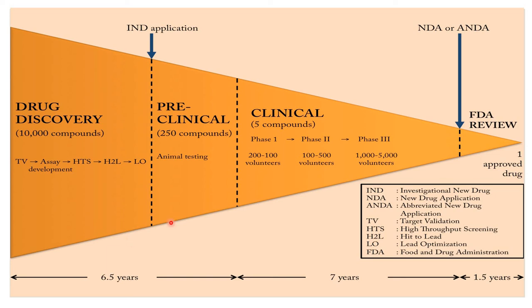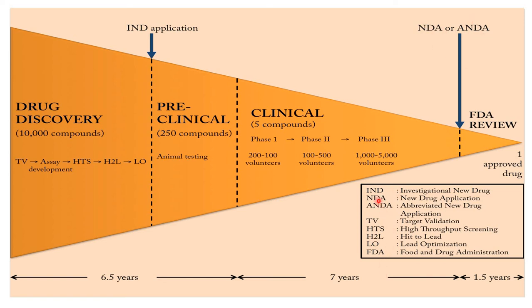Then followed by the preclinical, that is the animal testing procedure that takes place. Then is the clinical trial, where it includes phase 1, phase 2, phase 3. In the phase 1, we require 100 to 200 volunteers. Phase 2, 100 to 500 volunteers. And in the phase 3, 1000 to 5000 volunteers are required. And further is the FDA review, where finally the approved drug is obtained, and this is done by NDA or ANDA.